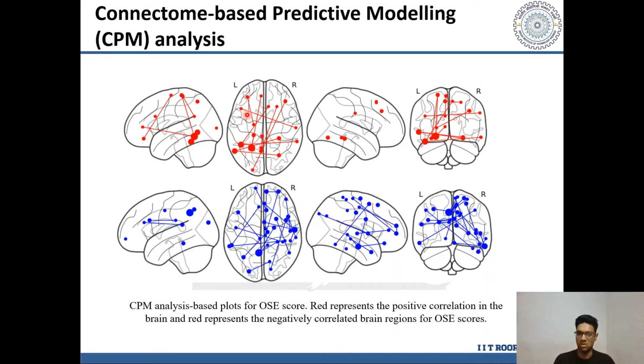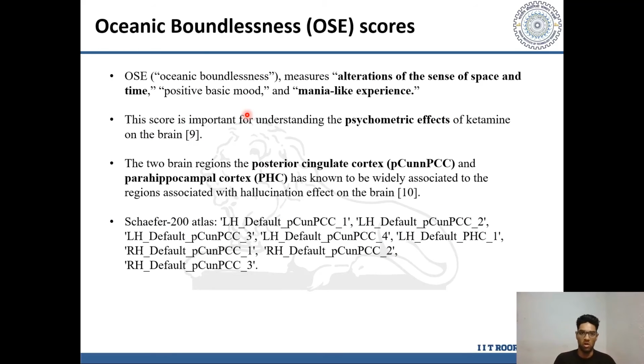Still, there are many, and we want to pinpoint as few as possible while keeping the highest predictive value. So for that, the analysis we did is on one specific score, Oceanic Boundlessness (OSC score), because it was found to be the most significant side effect predictive matrix.